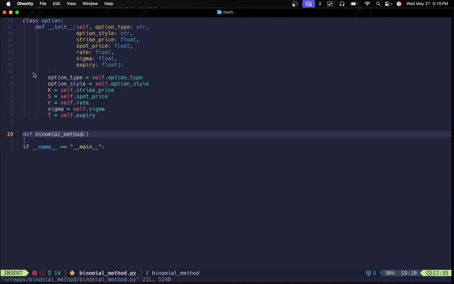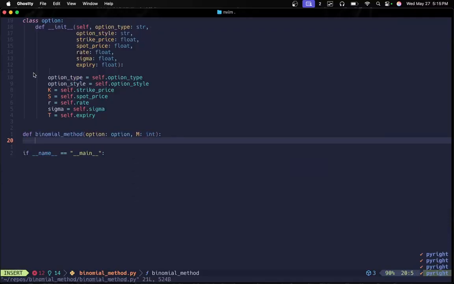So now our binomial method will take in this one specifically has one extra thing, m, which will be our number of time steps, right?